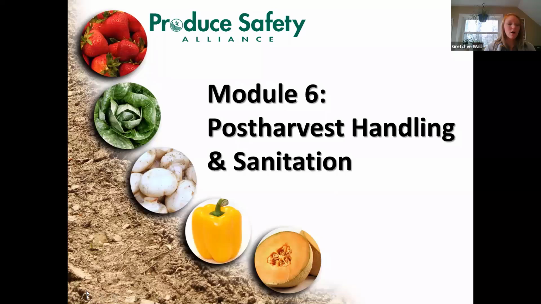Module 6 also covers broader territory than just the PSR requirements. You'll notice in the flow of this module that we're going to get into some things that actually aren't PSR requirements. So talking about chemical and physical hazards, that's where that content sort of fits into the broader scheme of food safety.